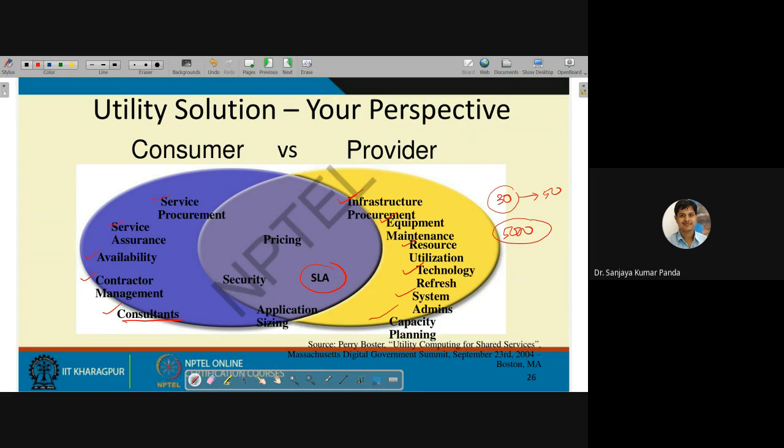What about durability? What about availability? These are all mentioned in the service level agreement, including pricing also, right? Whether you pay $1 per CPU per hour or $3 per CPU per hour, these need to be reflected in the service level agreement. What security policies you are using to maintain your infrastructure also need to be mentioned in the service level agreement.